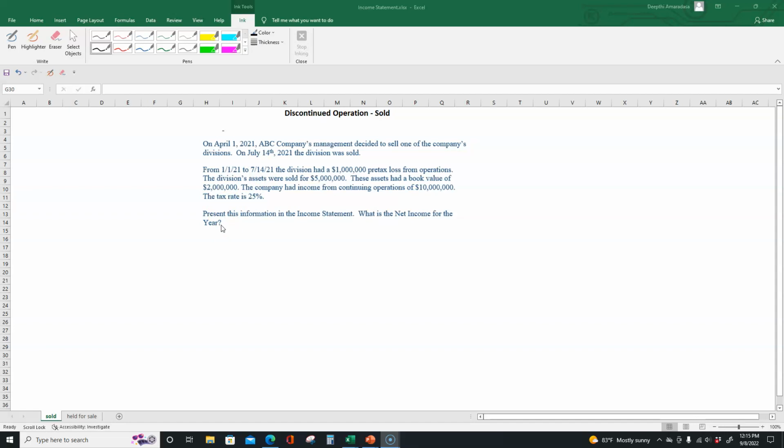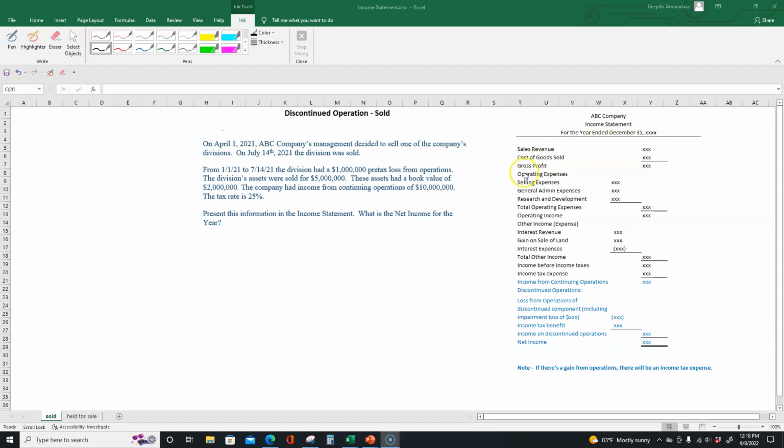The division's assets were sold for $5 million. These assets had a book value of $2 million. Then they also said the company had income from continuing operations of $10 million, and the tax rate is 25%. They want you to present this information in the income statement and then calculate the net income for the year.